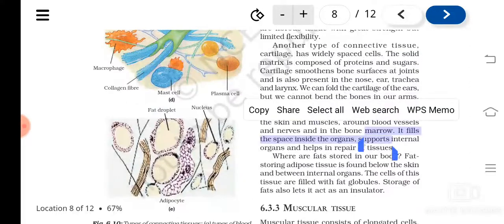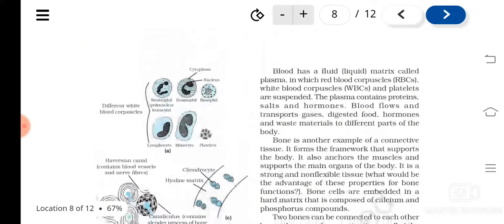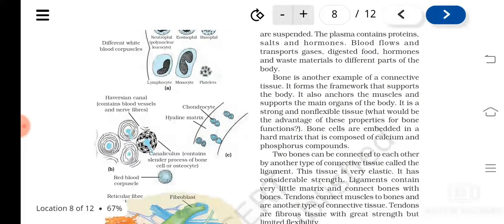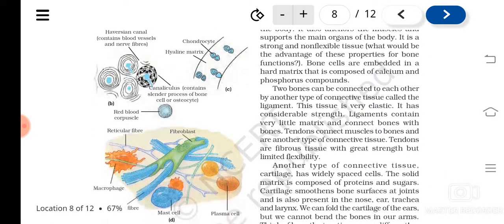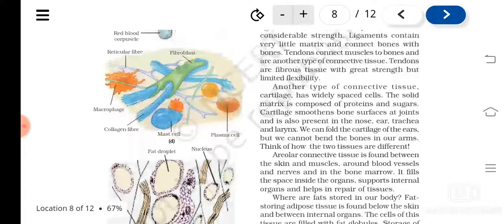These are the different kinds of connective tissues. So what all connective tissues have we studied? Blood connective tissue, bones, then ligaments, then tendons, and then we also have studied areolar connective tissues, adipose connective tissues, and then also cartilage.